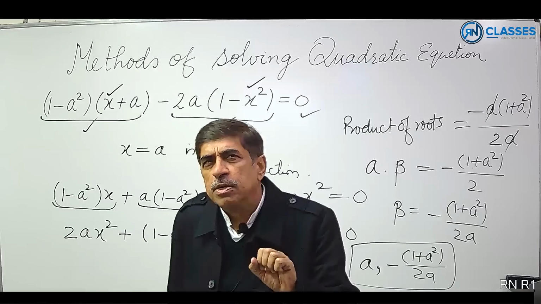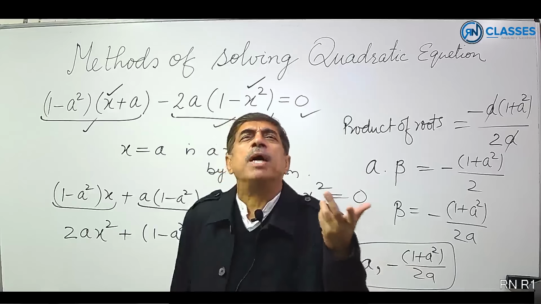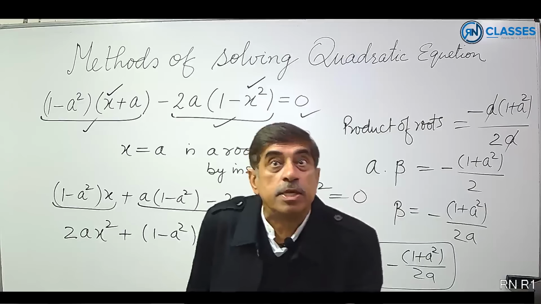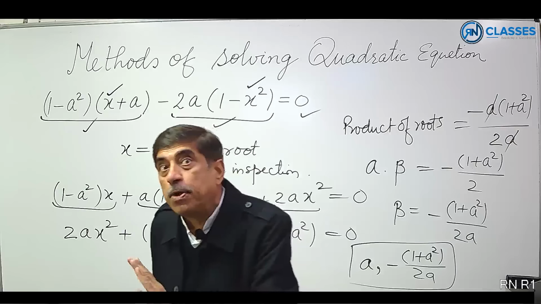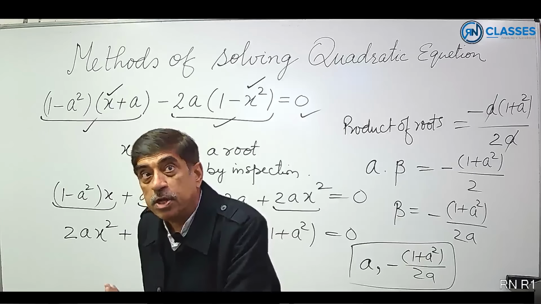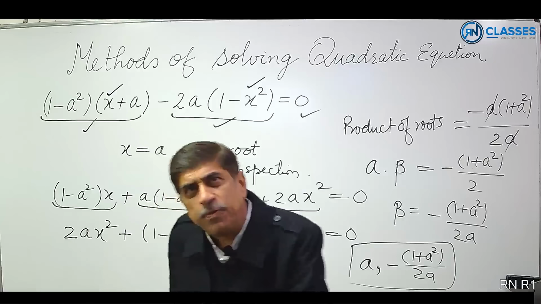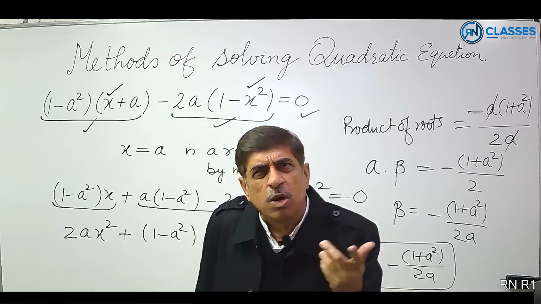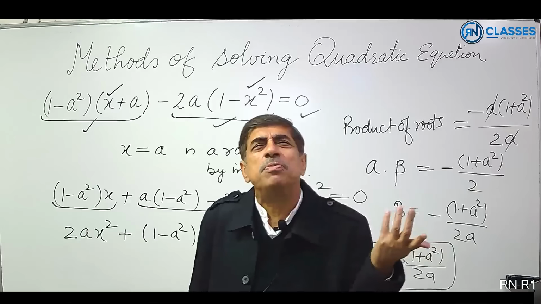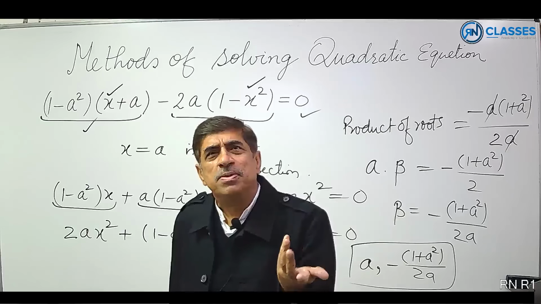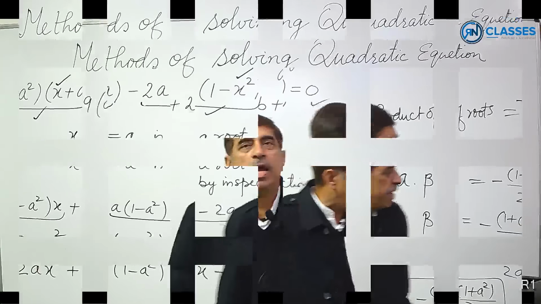In fact, this method is always there in maths: the observation method. Observation plays a very important role in maths. In almost every field, we can solve a good number of questions just by inspection instead of using formulae. So this was question number 1.